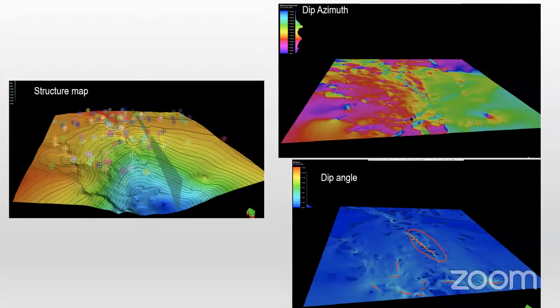Also with this dip azimuth, it shows that in this area, because we have a warmer color, the azimuth is very different from this area. So maybe we can tell two stories for this area because they have different dip azimuth.